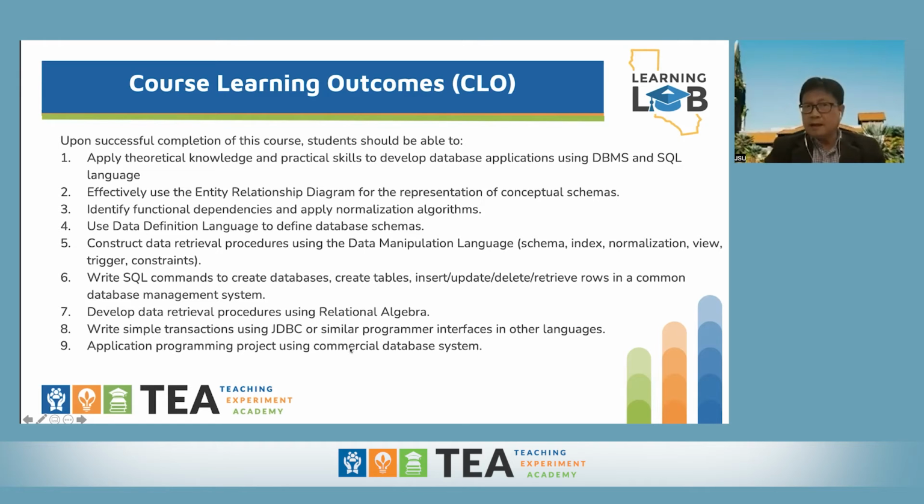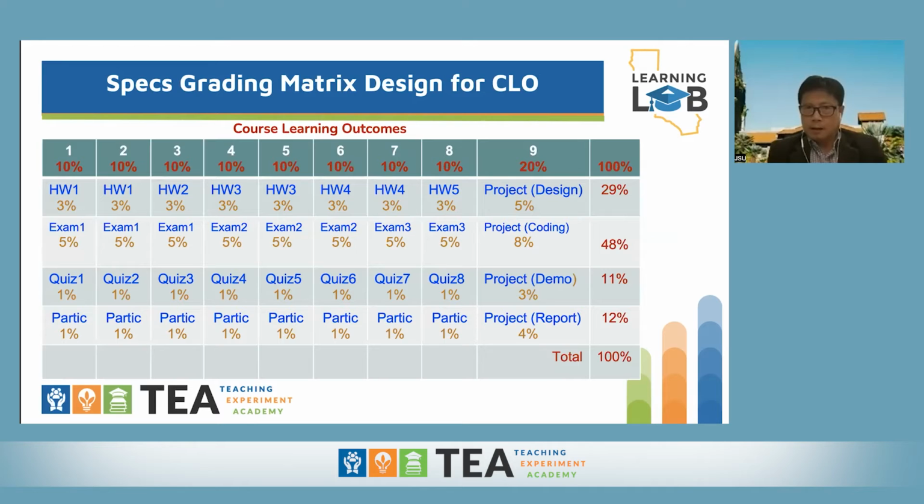I turned this into a specifications matrix design for the CLOs. For each CLO, progressively from outcome 1, outcome 2, I assign a percentage to each one. Of course, outcome 9 is the project, so the project occupies 20%.